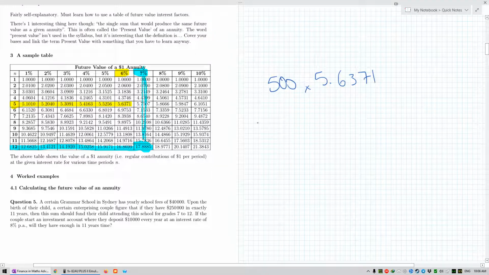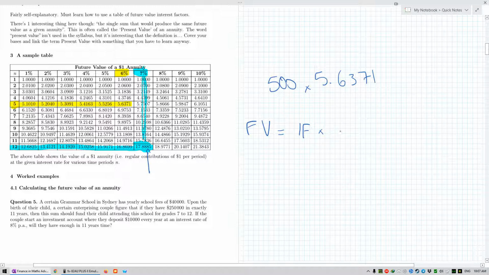So if I were to write a random equation. The future value of an annuity is equal to, so what do we call this? Interest factor. You know what, I'll call it IF, for interest factor, multiplied by your regular deposit or annuity deposit.